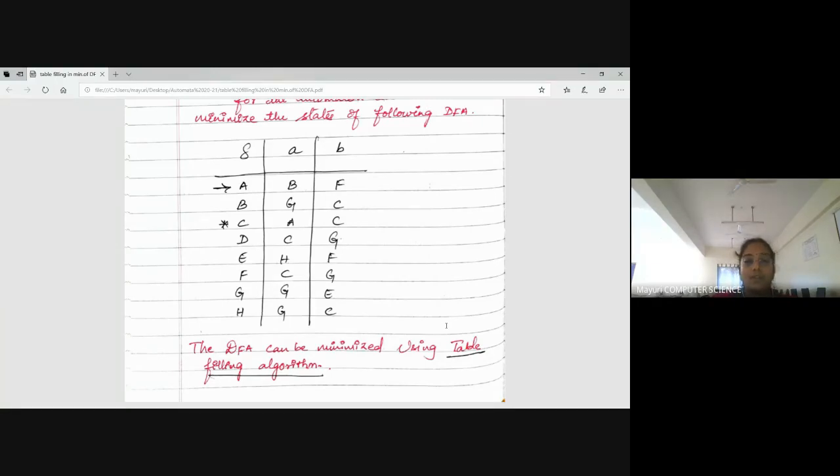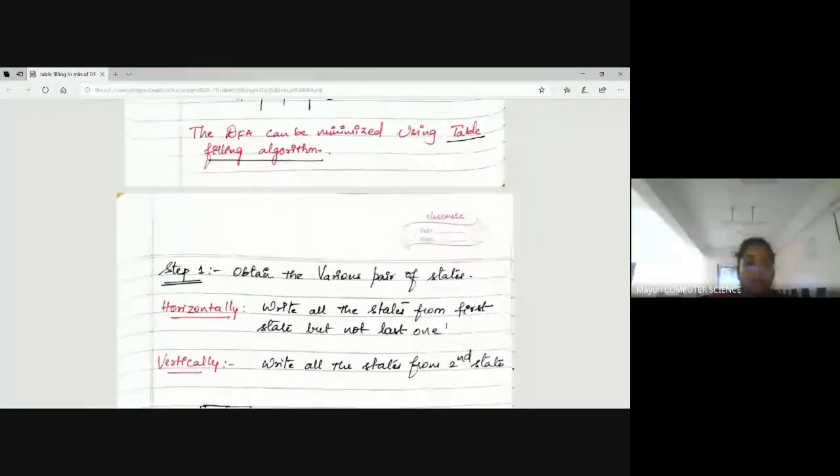What is the table given here? Individual states given A, B, C, D, E, F, G, H. All are individual states, so I cannot compare one with the other. So I have to take a pair of states, listing the states horizontally, because I need to take a pair of values.